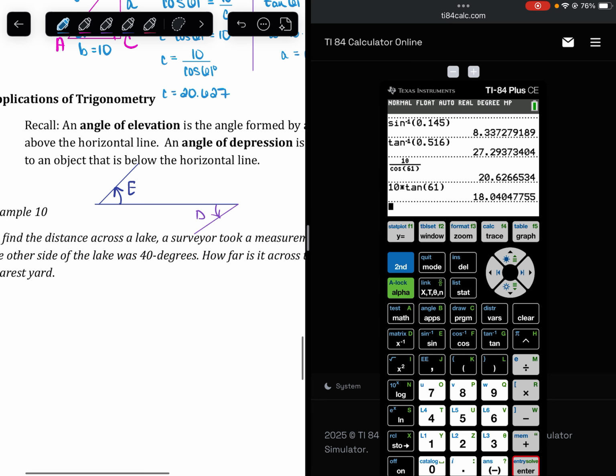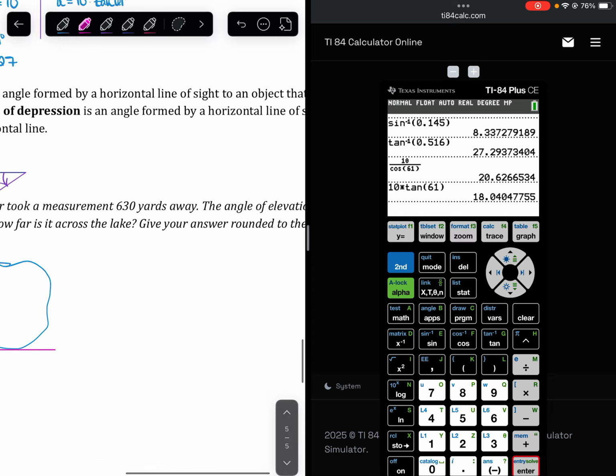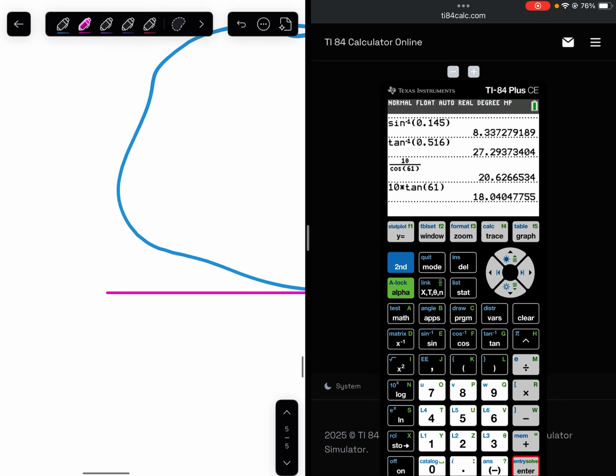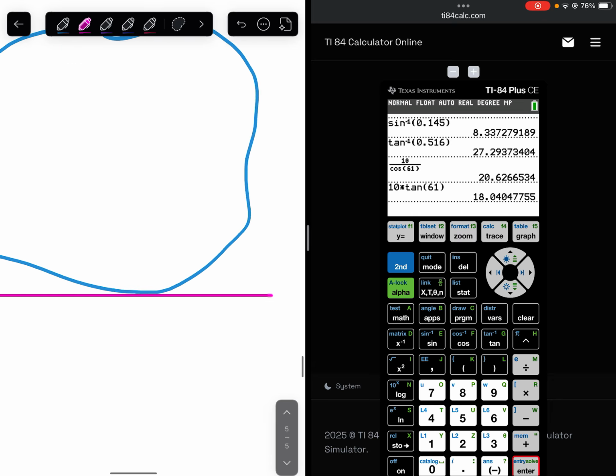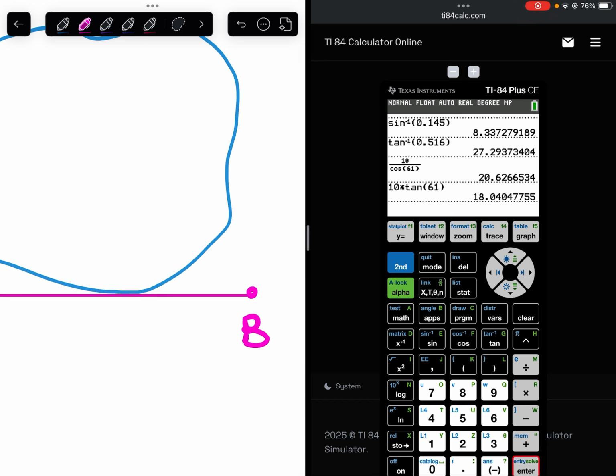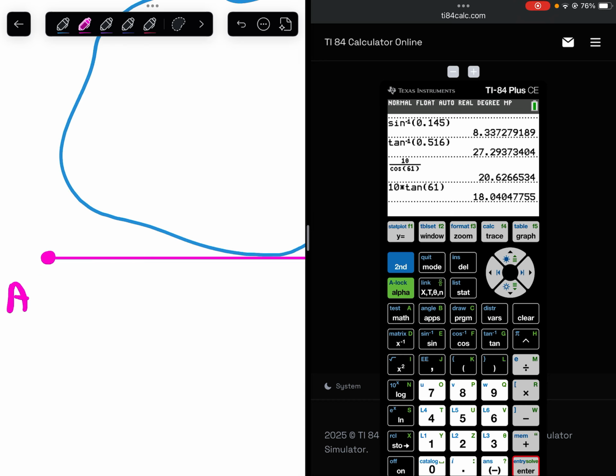All right, that's going to be my little blob of a lake. Pictures are important. He took two measurements. I don't know where he was, but I'm just going to put him there. Those two measurements were 630 yards away. So I'm going to call that point A, and that point B, and they are 630 yards apart.